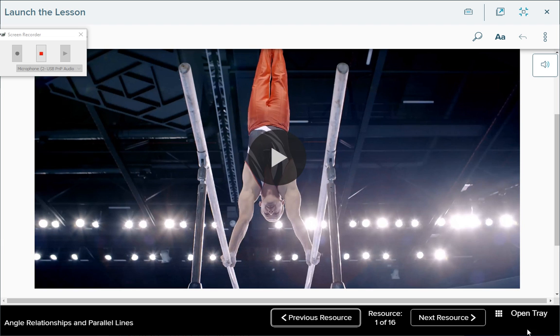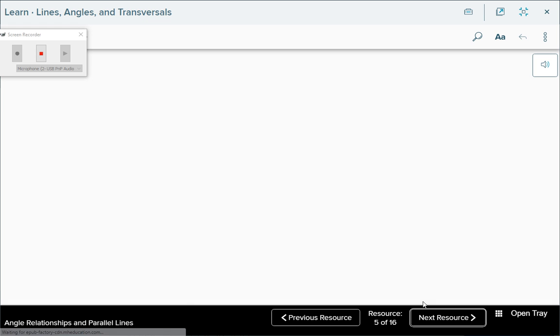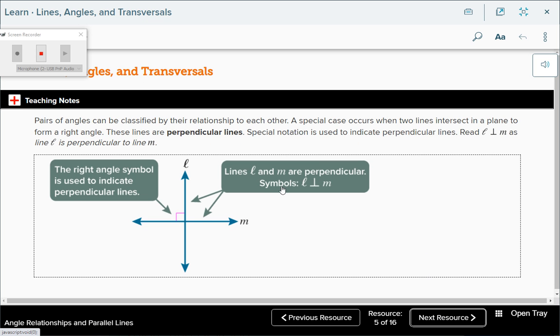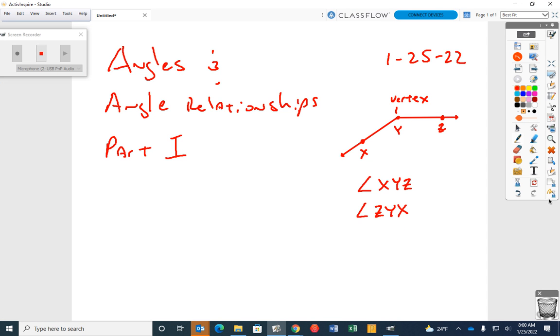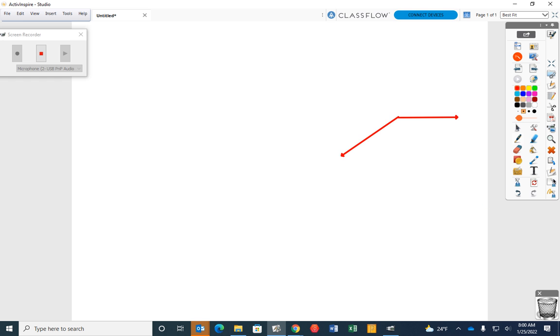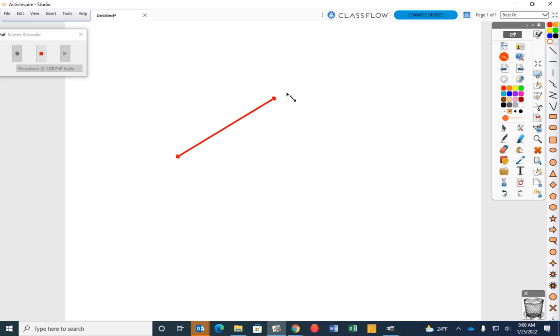Now, when we have a set of parallel lines, let me show you back on here. If something intersects them, let's say I've got this pair of parallel lines, and I have another line that intersects them, anybody know what this is called?